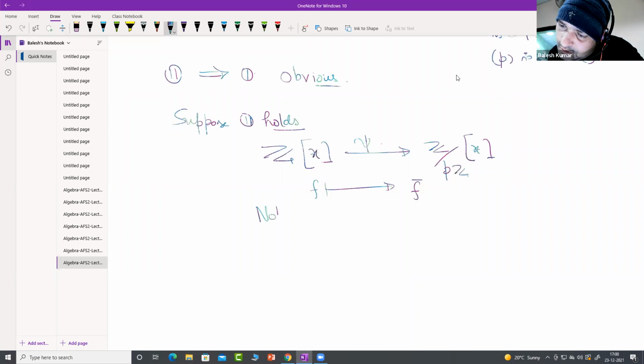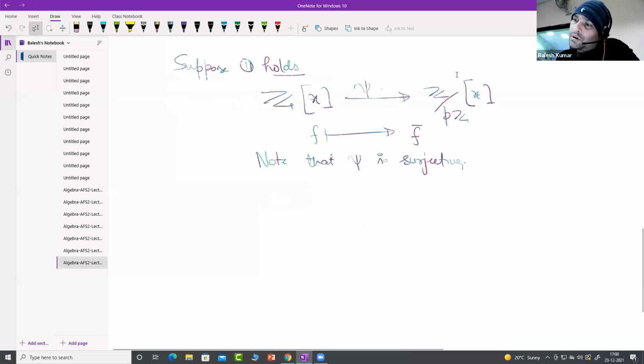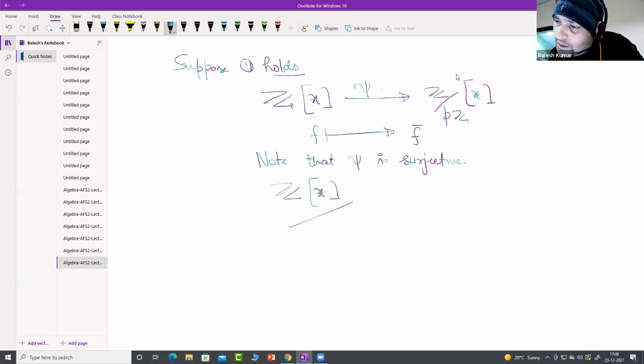Note that psi is surjective, because if you take any element there, the coefficients come from Z/pZ, and of course if you simply take those as integers, you do get a polynomial with integer coefficients. Therefore it is surjective, and the first isomorphism theorem says that Z[x] modulo the kernel is isomorphic to (Z/pZ)[x].